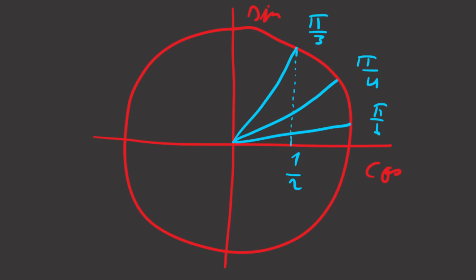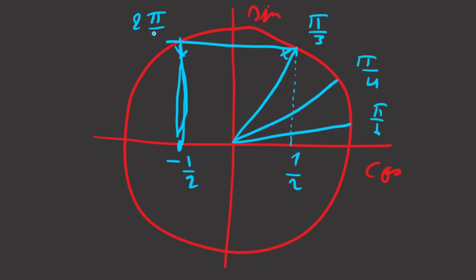So how do we get minus 1 over 2, because this is the negative side of the cosine? We would rotate from here all the way to here. It's like we use the angle twice, which is 2 pi over 3. Simple as that.